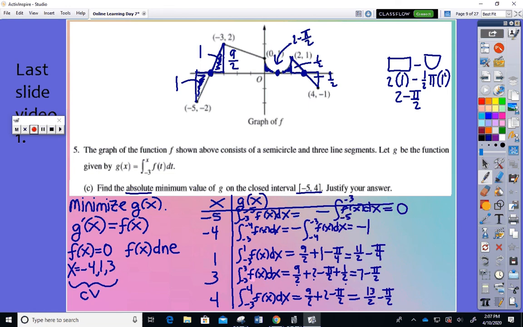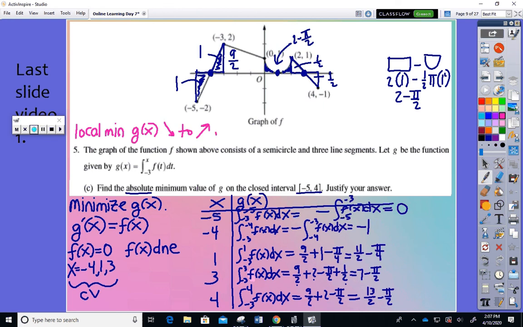Now, let me mention something to you, okay? If you're going to do an absolute min, it has to either be at an endpoint or at a local min. It would be at a local min if g of x goes from decreasing to increasing.